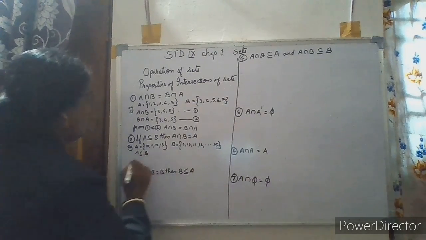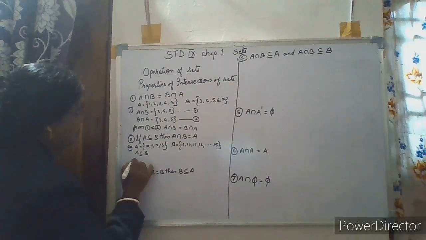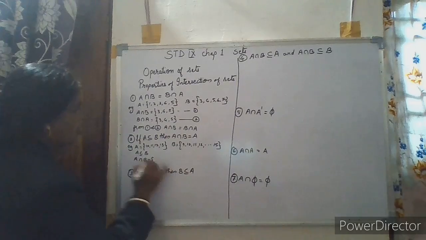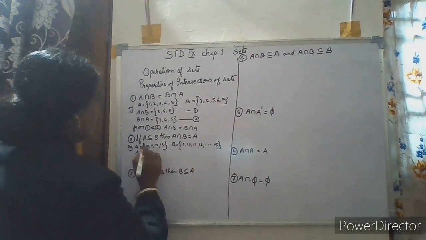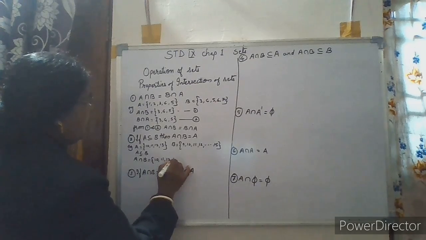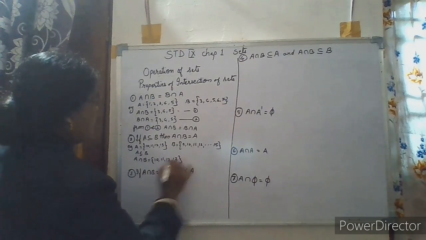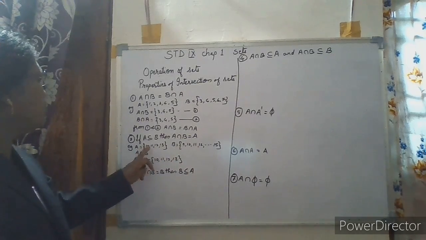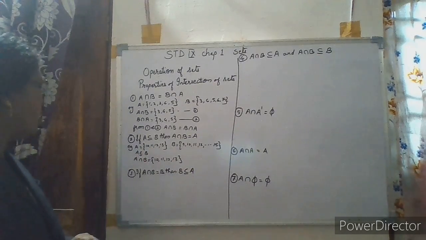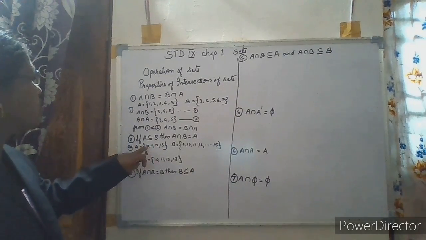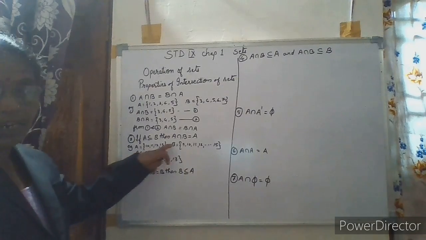Now, let us find out what A intersection B is. A intersection B is equal to what? Common between A and B. So, it is 10, 11, 12, 13. A intersection B, common elements between set A and set B. Now you can observe that set A contains the elements 10, 11, 12, 13.